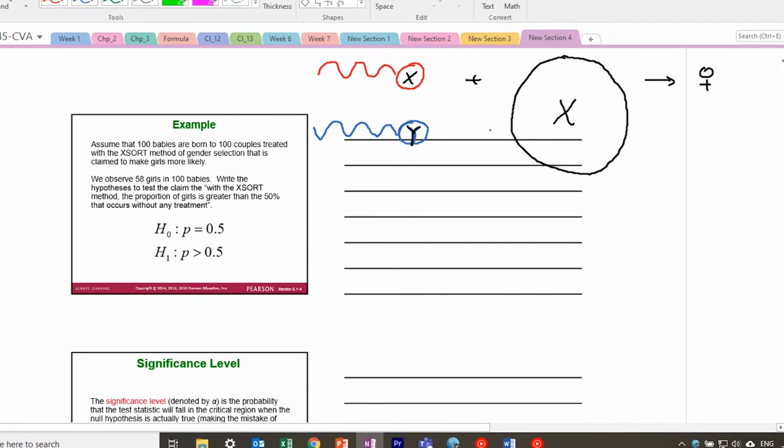The X and the Y would give a genetic male. Now, according to the law of genetic assortment, this is a 50-50 process. There's a 50% chance, according to the law of what's called independent assortment in genetics.